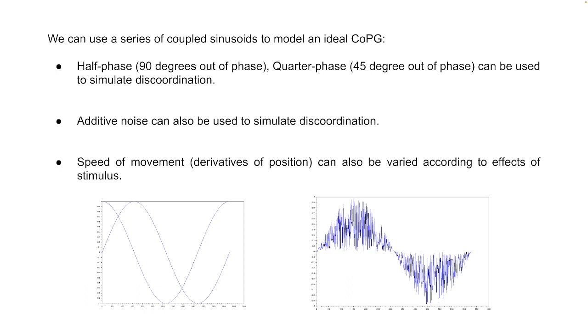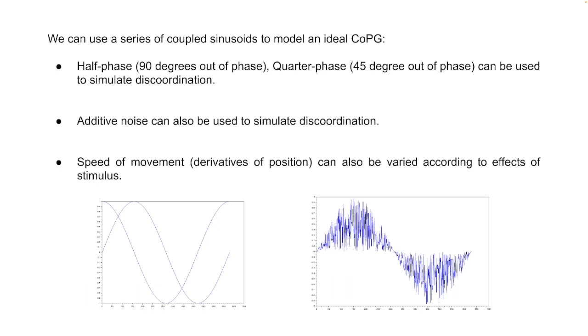So we can see examples down below where we have these out of phase sinusoids. We'll model each cell as a perfect sinusoid and then vary that outward. So we can change the phase even to something anti-phase if necessary. Additive noise can also be used to simulate discoordination. In the graph on the right, we can see additive noise. This is kind of an extreme version of additive noise, but we can add this in, and this is what it looks like.